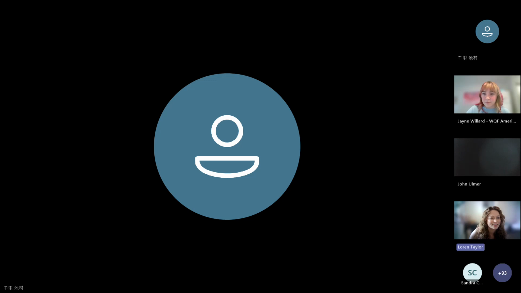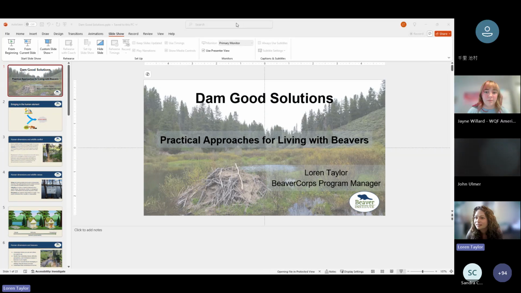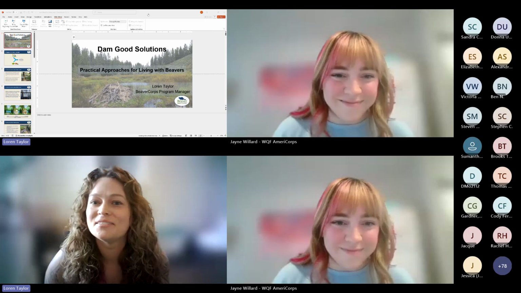All right, let's see if I can share my screen correctly here. Okay, so can you see my screen? I just need to put it in presenter mode. Yes. Oh, maybe it's sharing the wrong screen. Okay, hold on. Sorry. Let me try again.